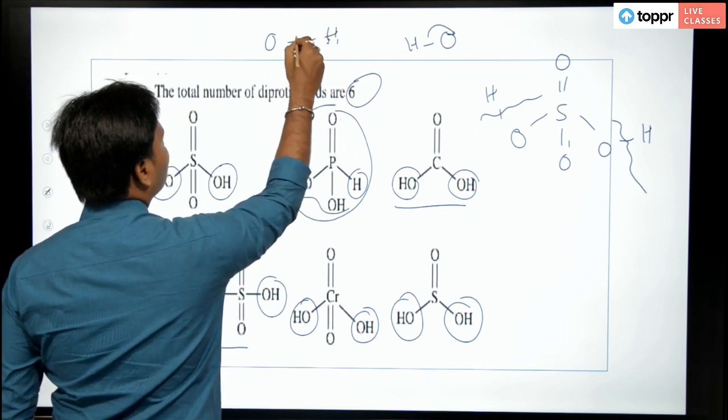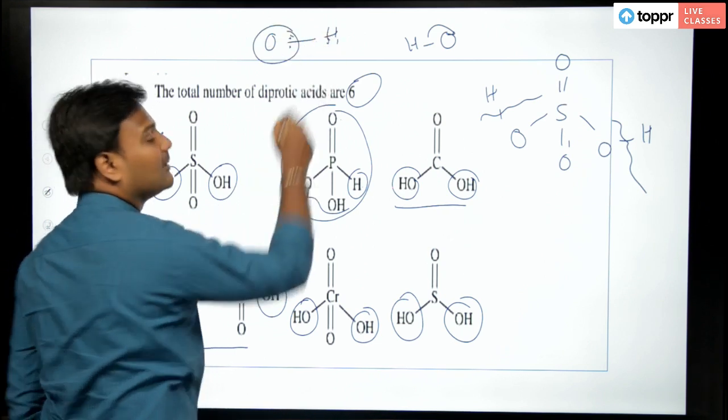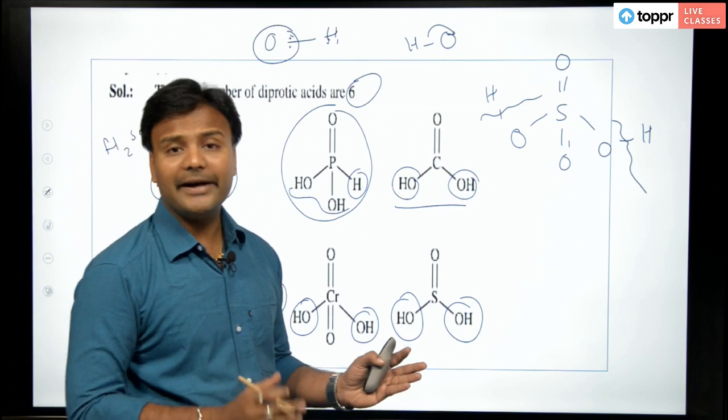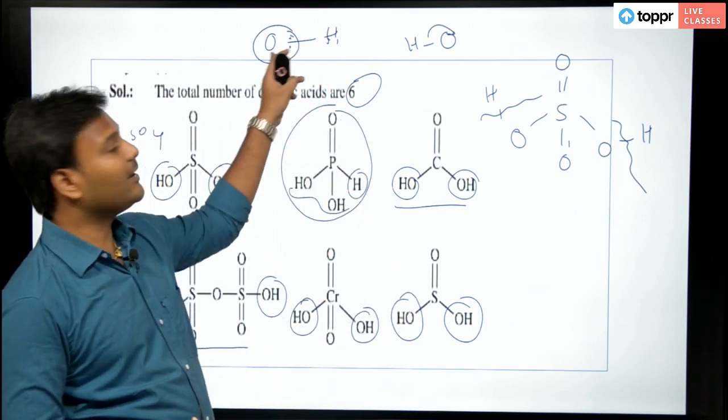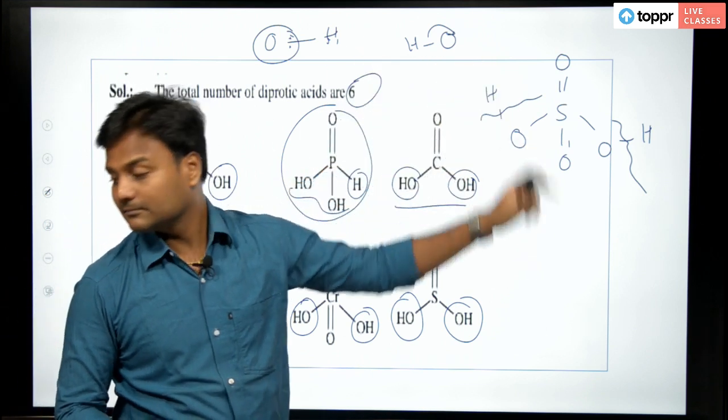The electrons are not shared equally; they are present very close to the oxygen, not towards hydrogen. So, this proton is easily lost. Is it clear?